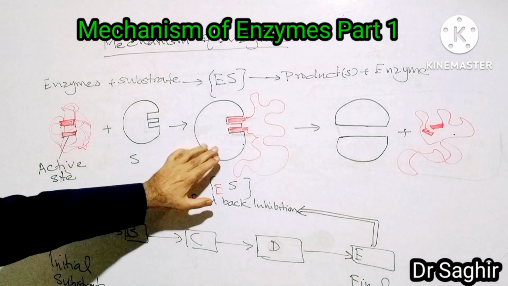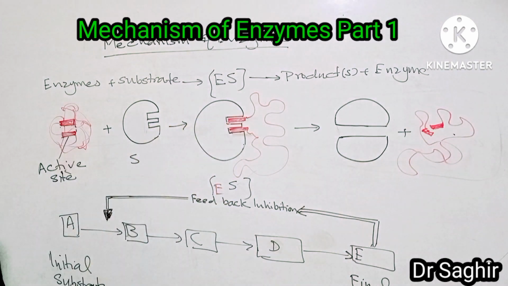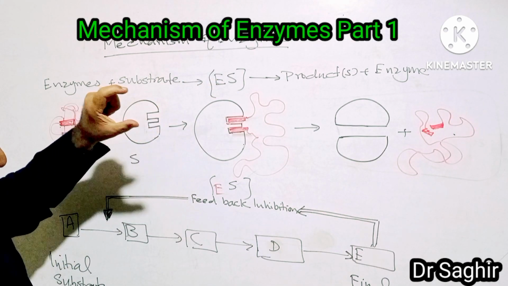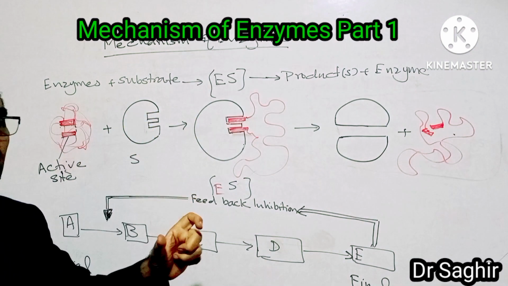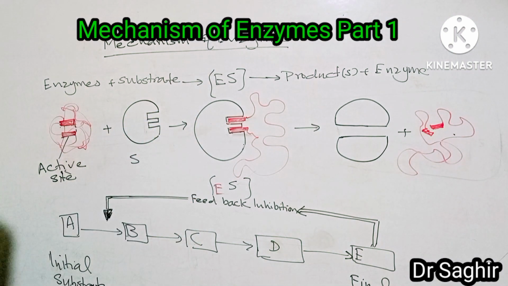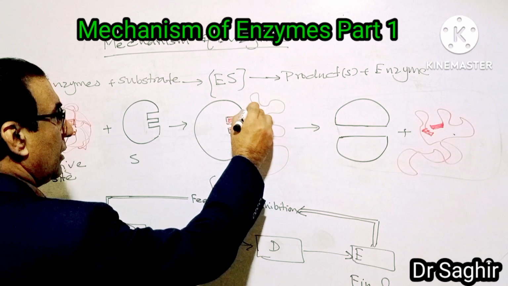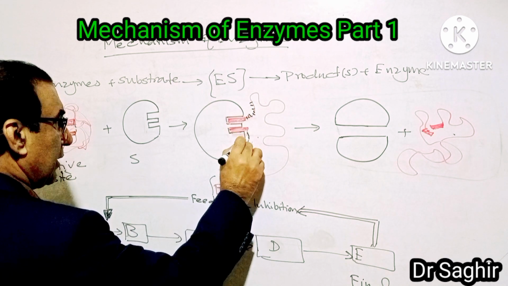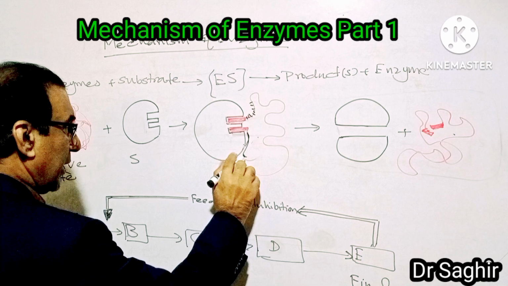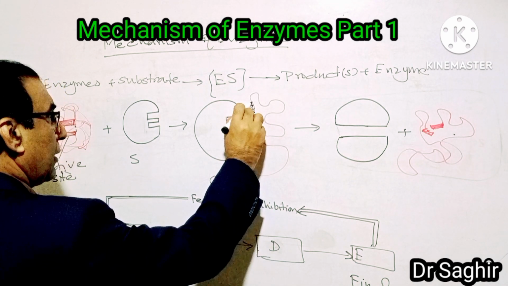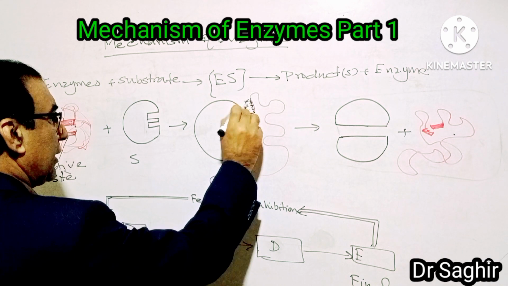Here, the enzyme and substrate combine together, and this combination is carried out by the part of the active site which is known as the binding site. This one is the binding site.